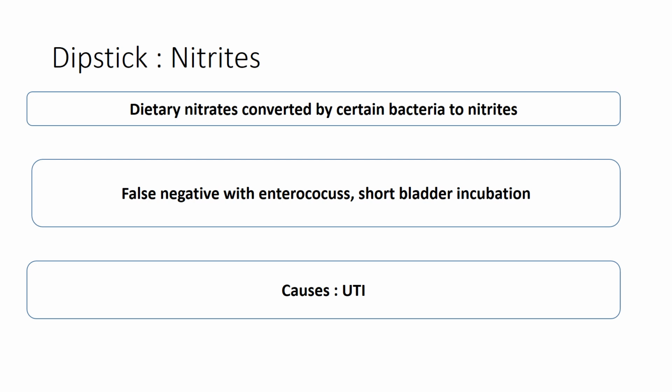So these are obviously associated with and are more specific for urinary tract infection, but they may be falsely negative if you have infection caused by certain types of bacteria that are not able to convert nitrates into nitrites, bacteria such as Enterococcus, or in patients where the urine has been incubated in the bladder for less than 4 hours.